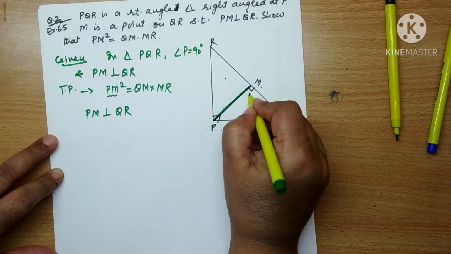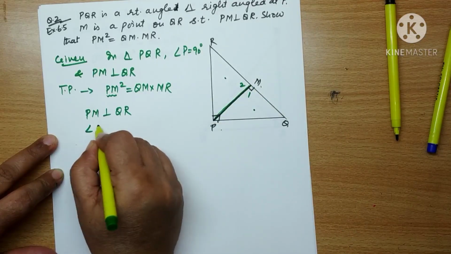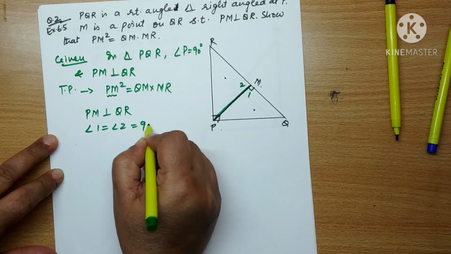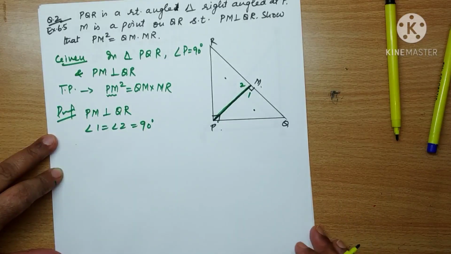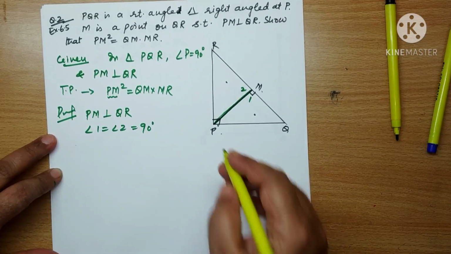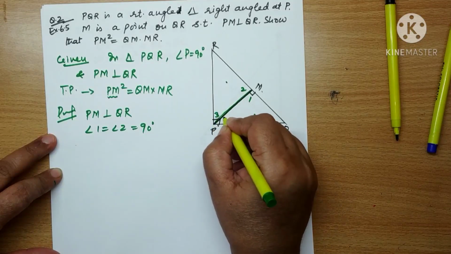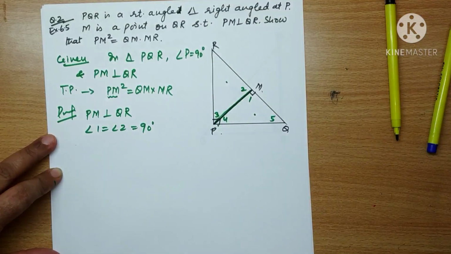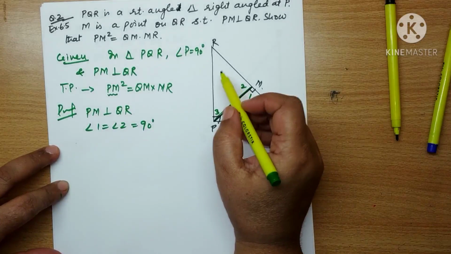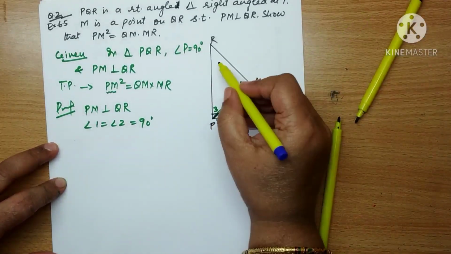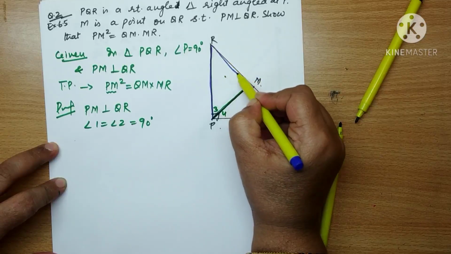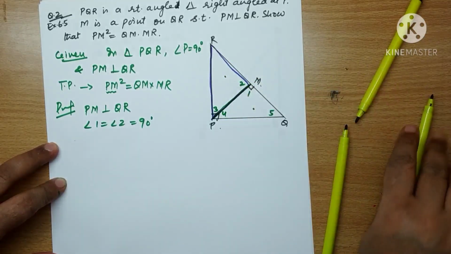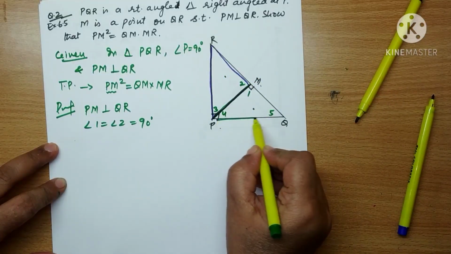If PM is perpendicular to QR, there are two angles formed. Angle 1 equal to angle 2 equal to 90. So whatever angle we want to use, we will use that. Now children, I am labeling these angles 3, 4 and 5 also. Now if I observe these two triangles, one triangle is this triangle and the other one is this triangle.